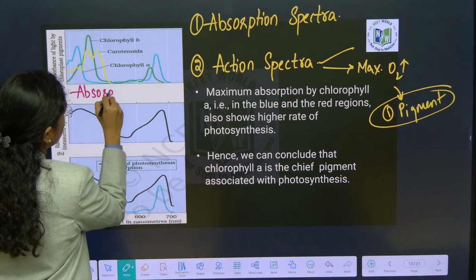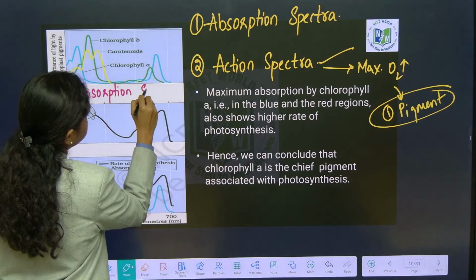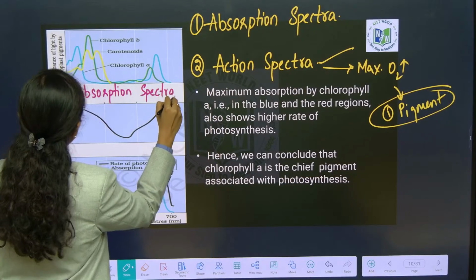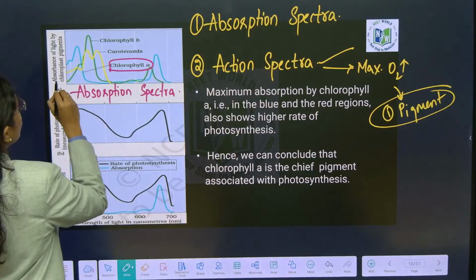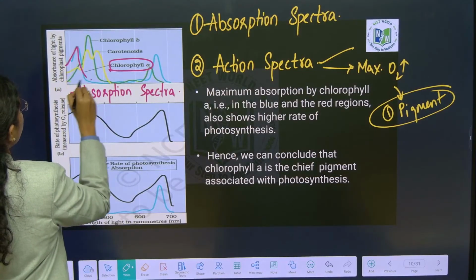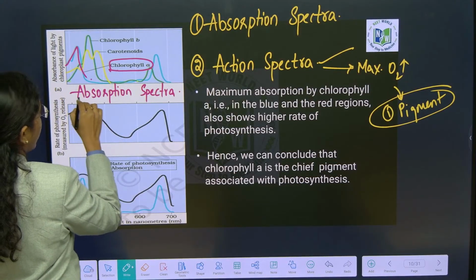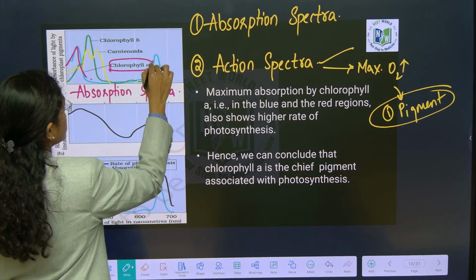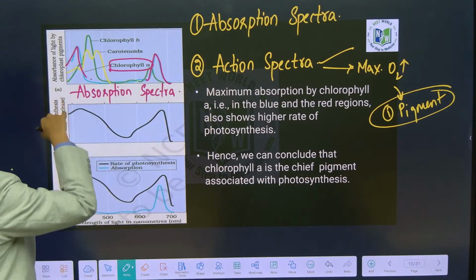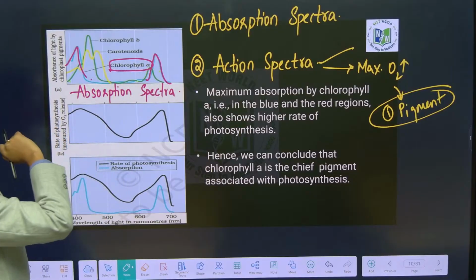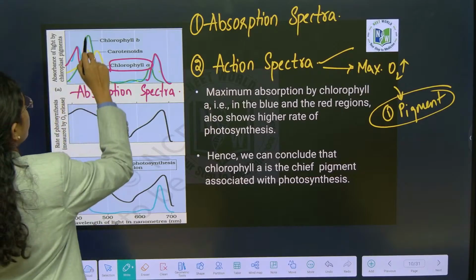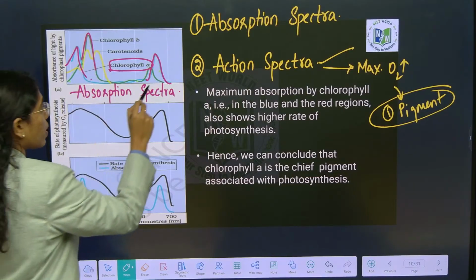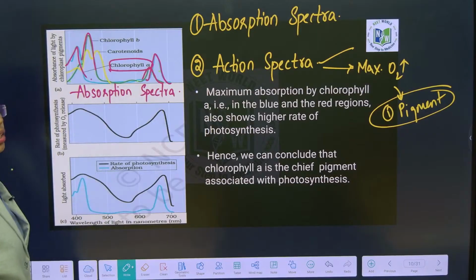So, the first graph will show you the absorption spectra. Here, first let us go with chlorophyll A. Chlorophyll A will show you two peaks, one in between 400 to 500 nanometers and one in between 650 to 700 nanometers. Chlorophyll B has one largest peak in between 400 to 500 and one very small peak in between 600 to 700 nanometers of light.